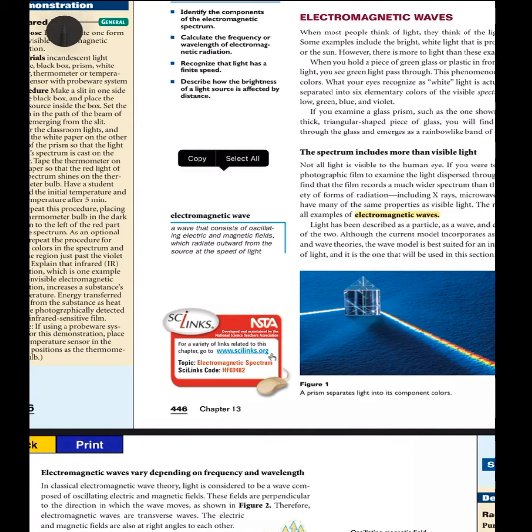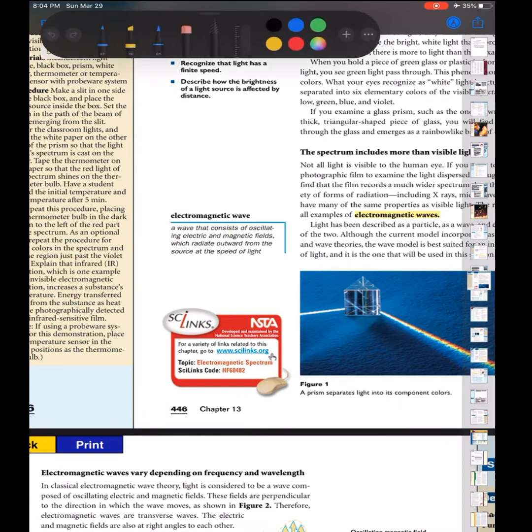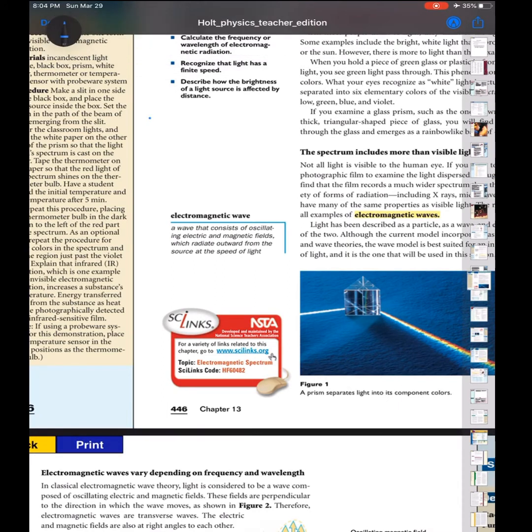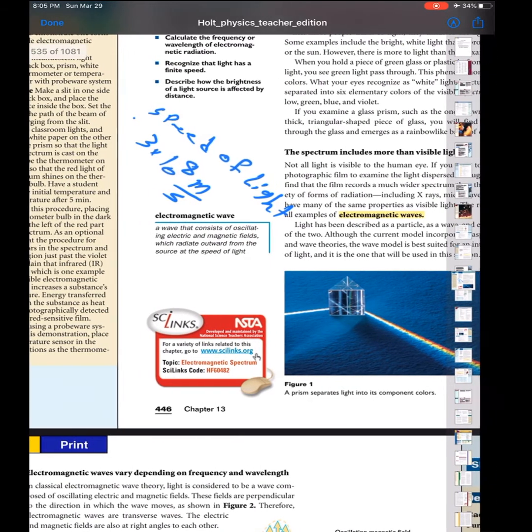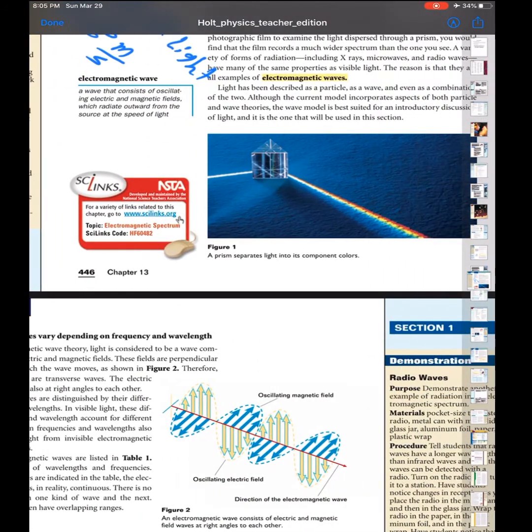We know that the speed of light equals 3 times 10 to the power 8 meters per second. You know that already. Also, we will explain this property and this kind of shape later.